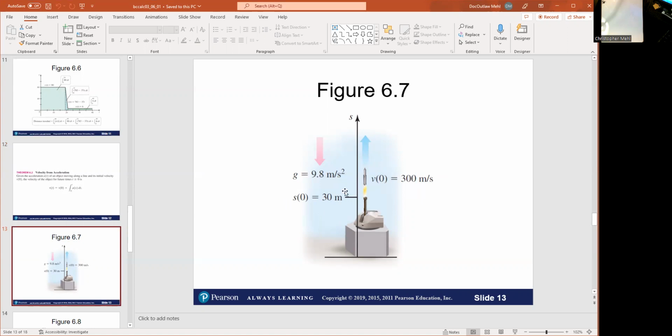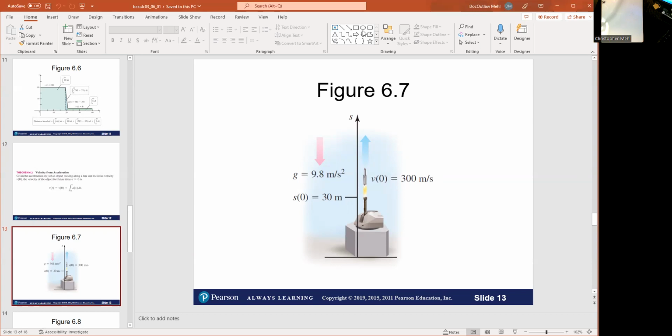All right, so we know a couple of things. We know my initial position is s of 0, that's 30 meters. We know the initial velocity is 300 meters per second, and we know the acceleration is a constant acceleration of 9.8 meters per second down. So that would be negative 9.8 meters per second squared. Sorry, meters per second squared, not meters per second. All right, so we want to know the velocity of the shell while it's in the air.